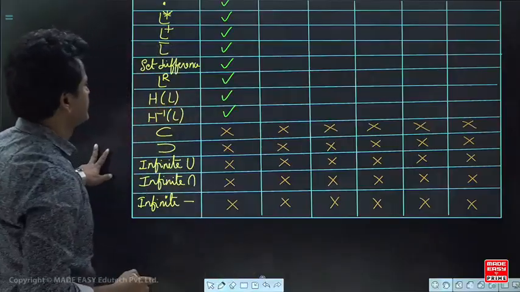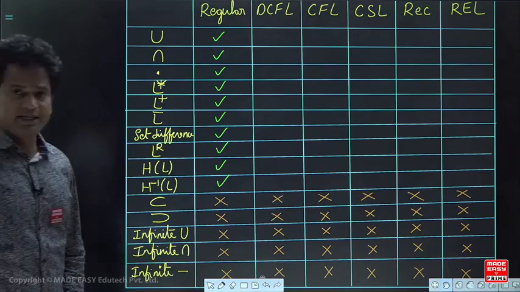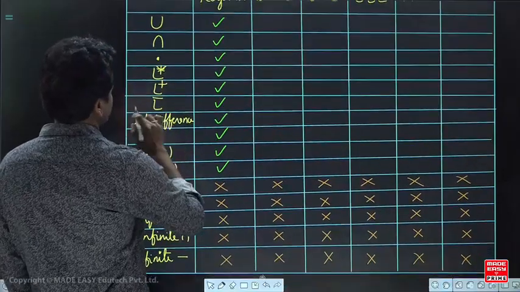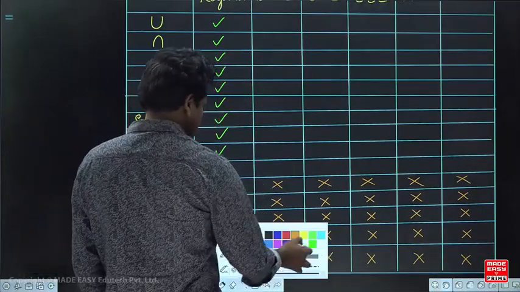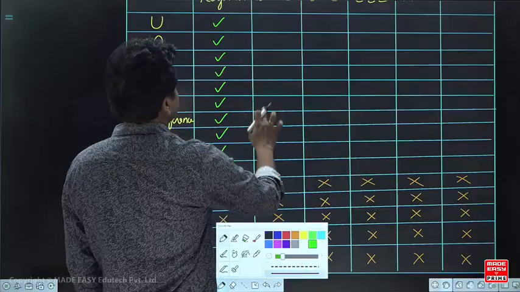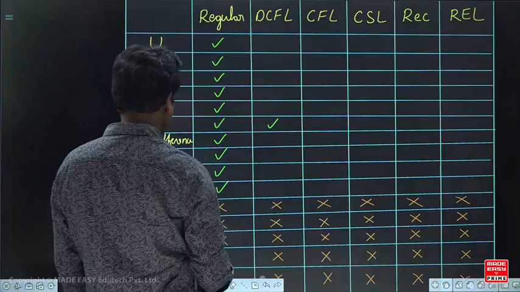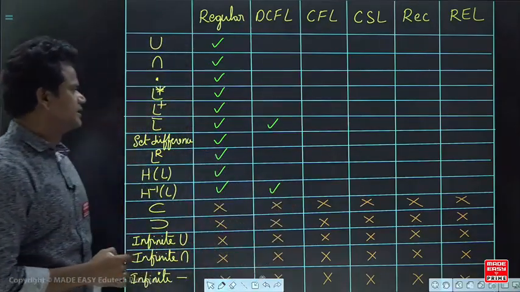Okay? Next. So have you copied this one? Next, DCFL. DCFLs are closed under only two operations. DCFL closed under what? Complement and inverse homomorphism. Are you following?